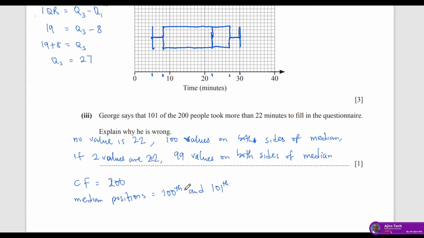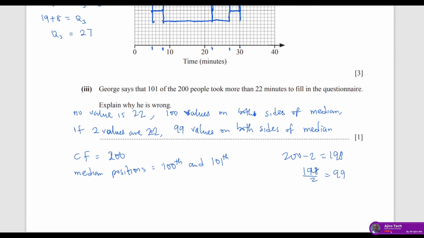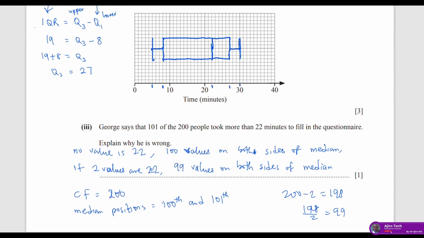So if you are taking 2 out, that means 200 minus 2 is 198, and 198 divided by 2 should give you 99 on both sides. Except no value is 22, you're going to divide 200 by 2 to get 100. The median is just taking the average of the two numbers on both sides of the median.